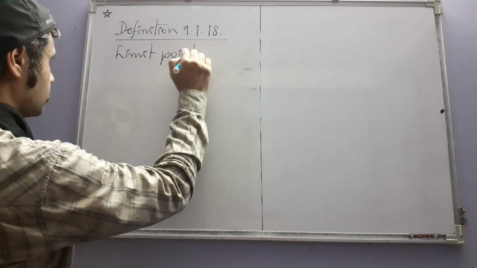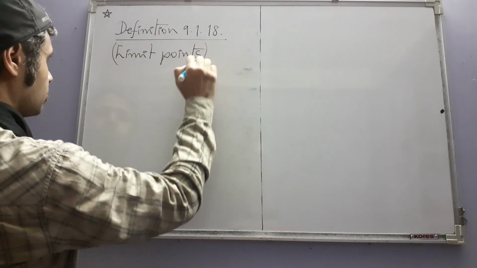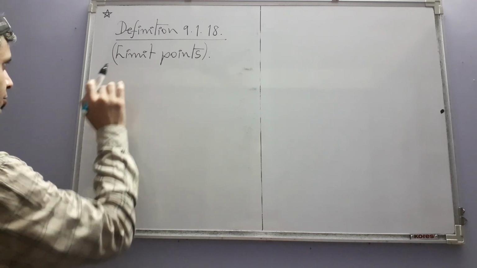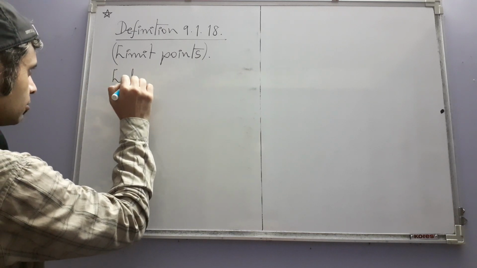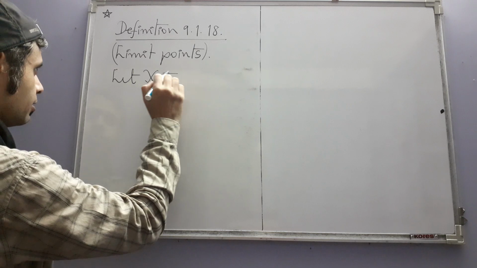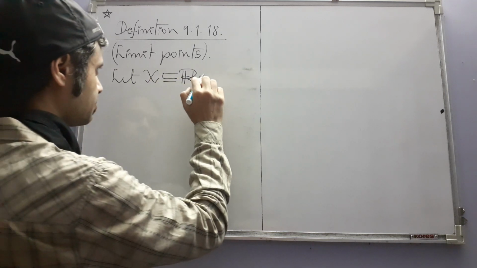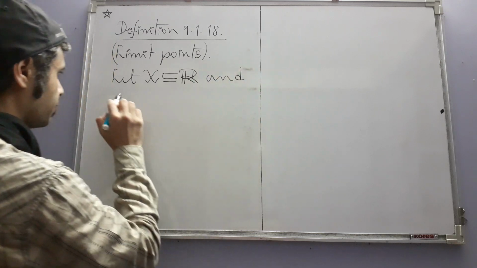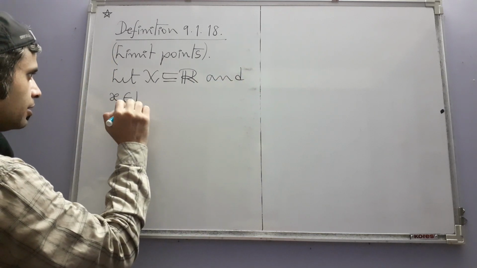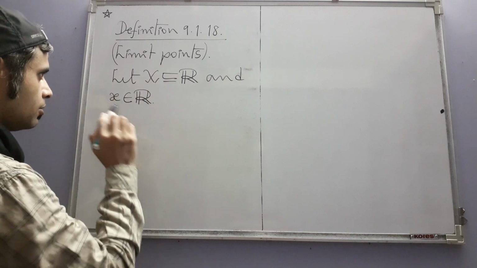Limit points. So this is how the definition goes. Let X be a subset of the set of real numbers and small x be a real number.